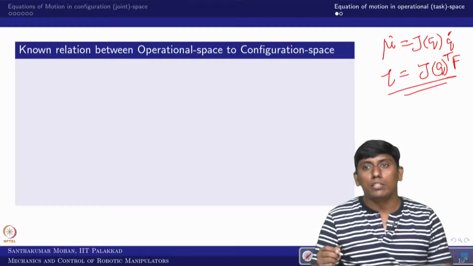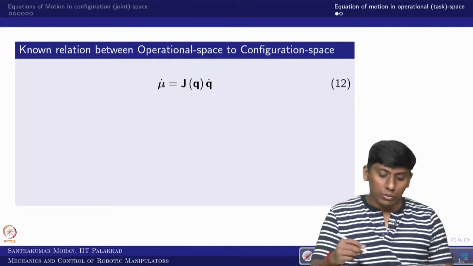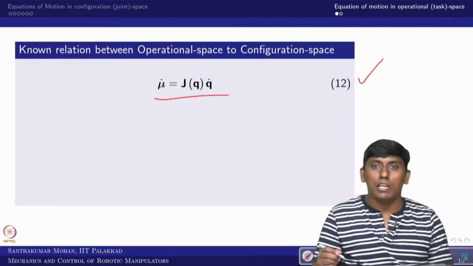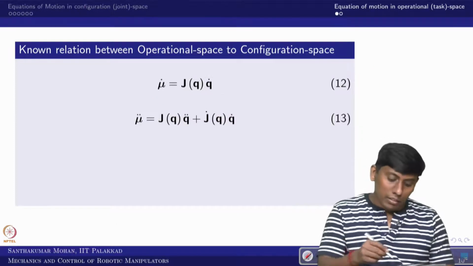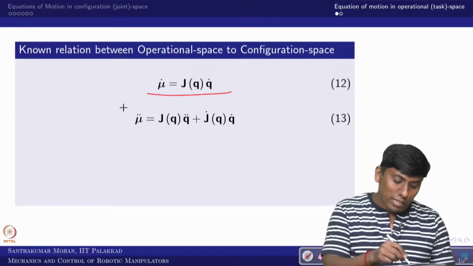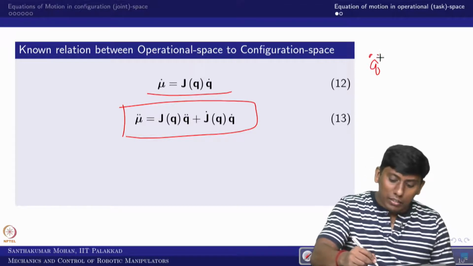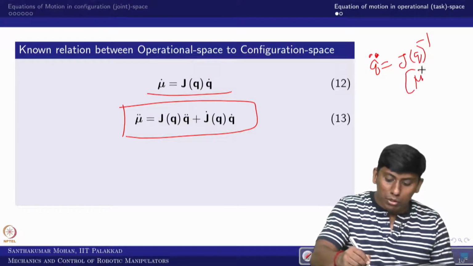So these two equations we are going to use. This is the forward differential kinematic equation. Then if I differentiate further, I will get mu double dot in this form. From there I can take q double dot as J of q inverse into mu double dot.